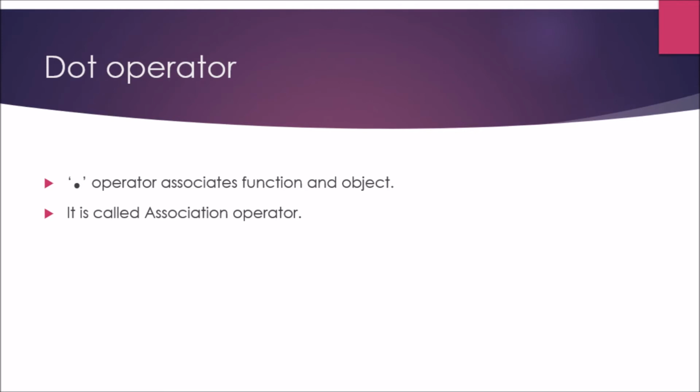Whenever you call a function using the dot operator, it passes the RID, that is the reference ID of the calling object, to the function, so that the function will know which object has called it. So it will operate on that object. That's why it's called the association operator.